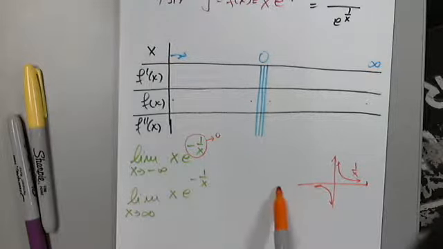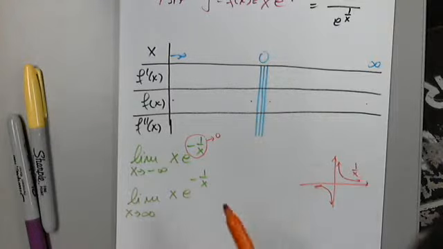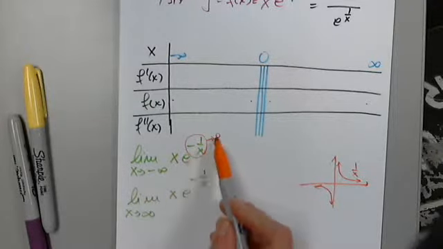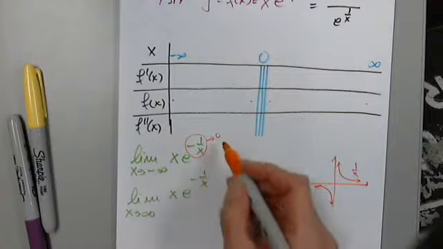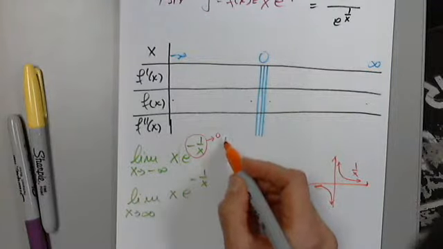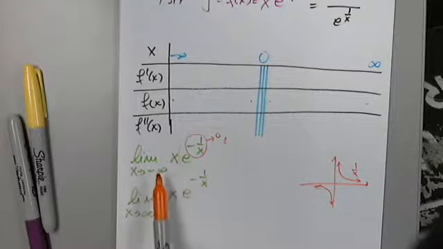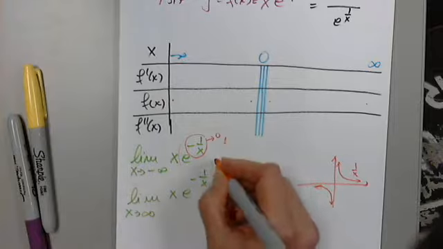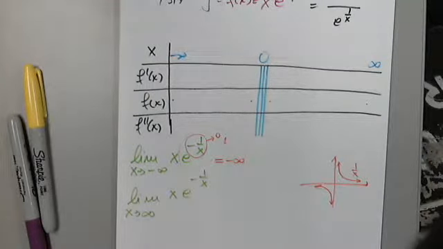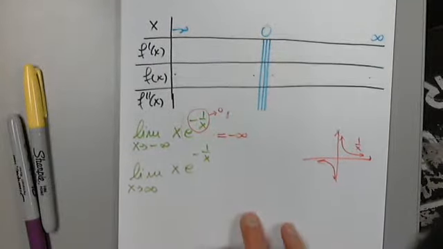We agree? 0 has no sign. So what about e to 0? 1. So this is 1. And now, when x approaches negative infinity, what will 1 times negative infinity approach? Do you all agree with negative infinity?